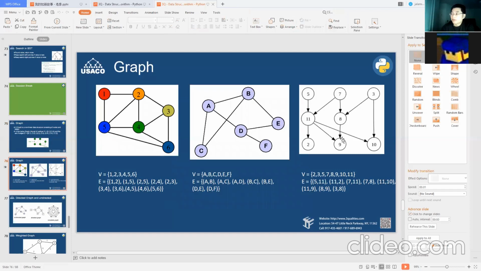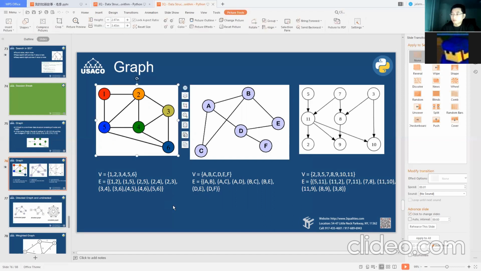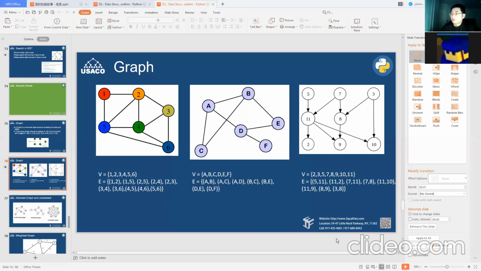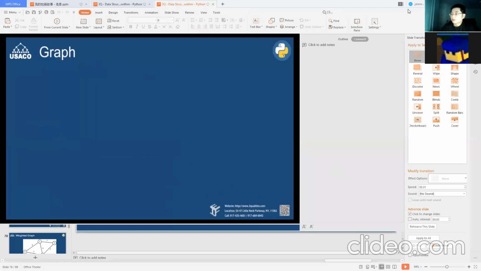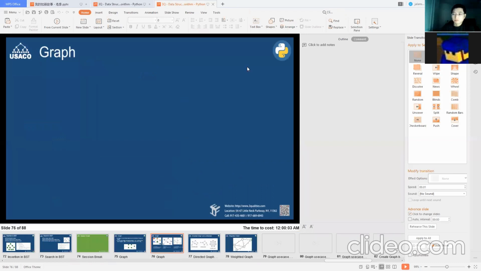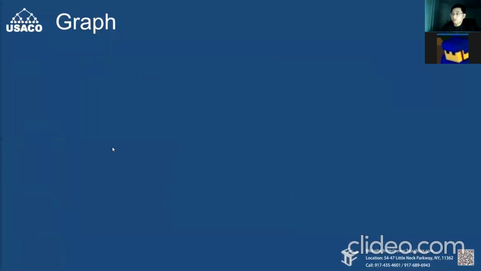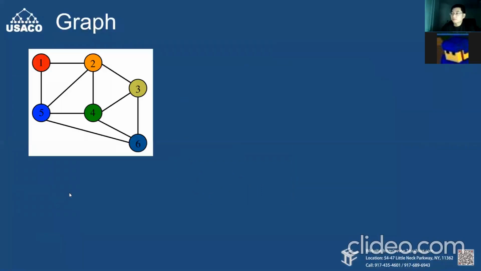And if we take a look at these 3 different graphs, the first one, by looking at this graph, how many vertices do we have?